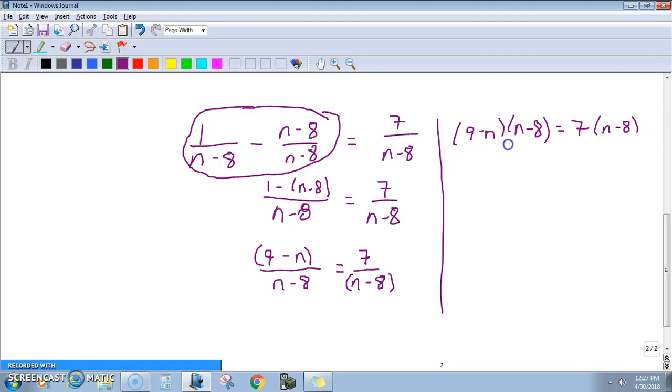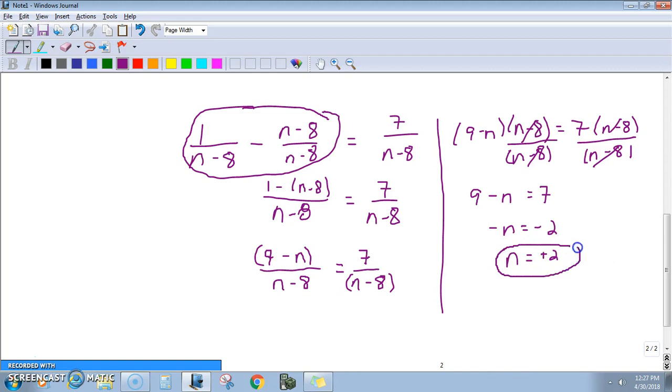I can divide both sides by n minus 8, and my n minus 8 cancels out on both sides. Bam, Tetris. What I have left is 9 minus n equals 7. Let's subtract 9 from both sides. Negative n equals negative 2, which means positive n equals positive 2.